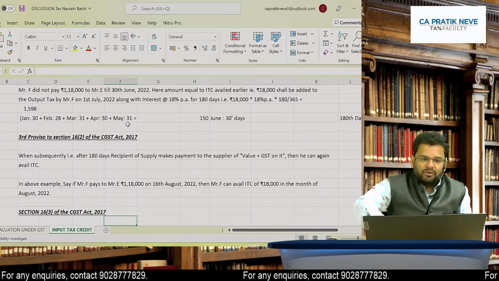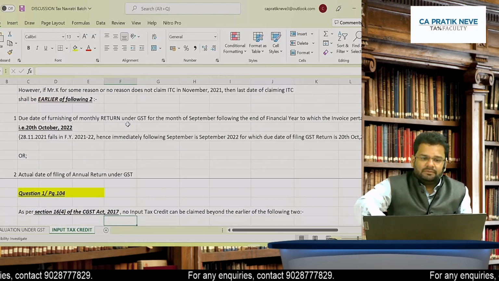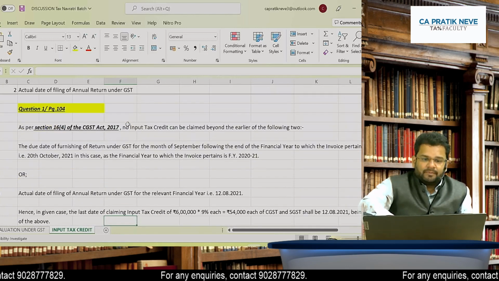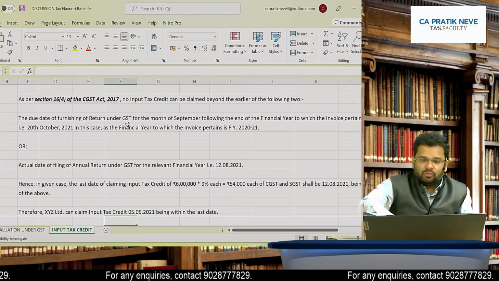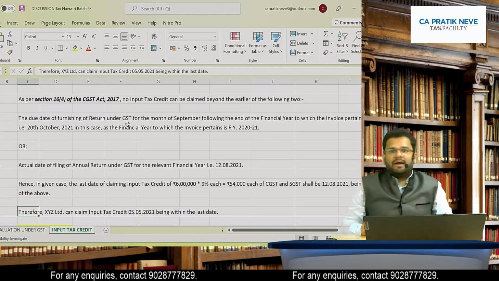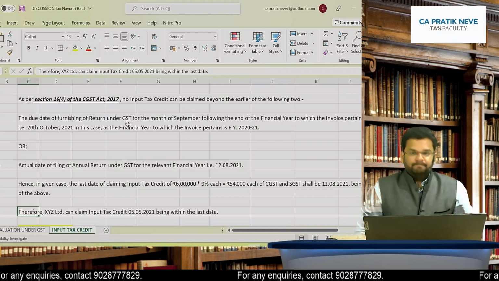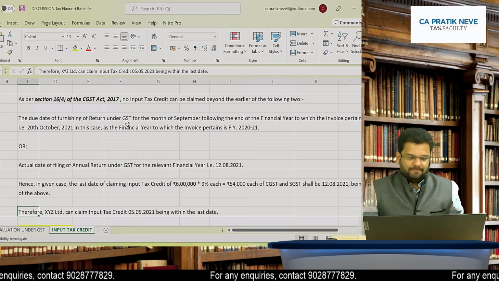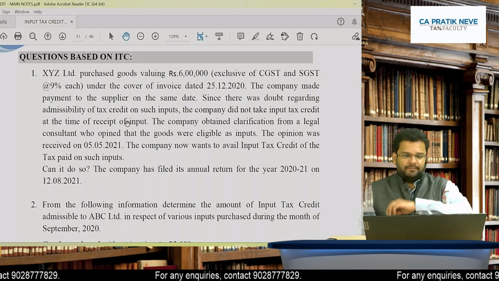If you go ahead, some other examples also you will find, and you will find this example also. Agreed? I assure you, every solution you are going to find in this. That much I can guarantee you. Let's go ahead.